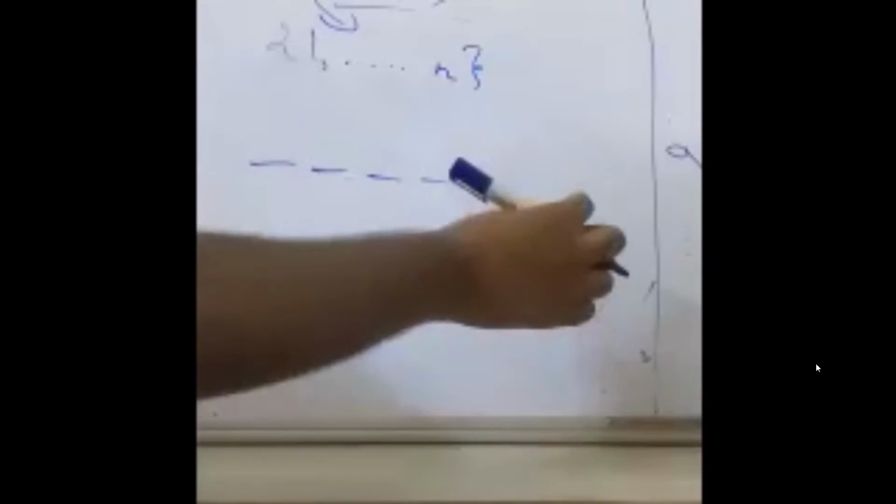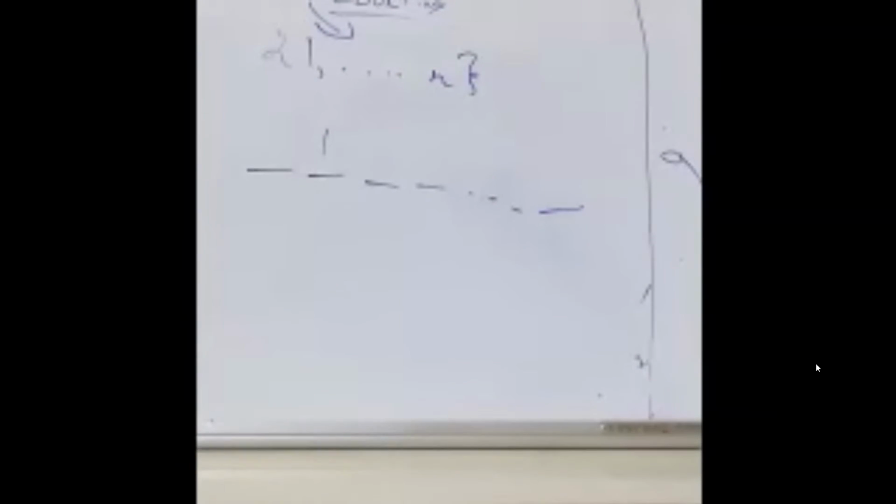To visualize this, we'll have n blanks. Now we choose one element from this set. We could place it in any of these n blanks, right? Suppose we placed one in this blank. Can you guys still hear me? Yes.